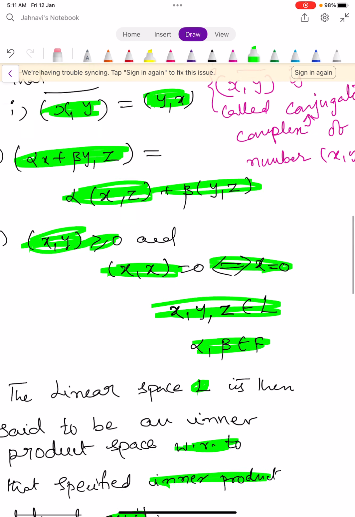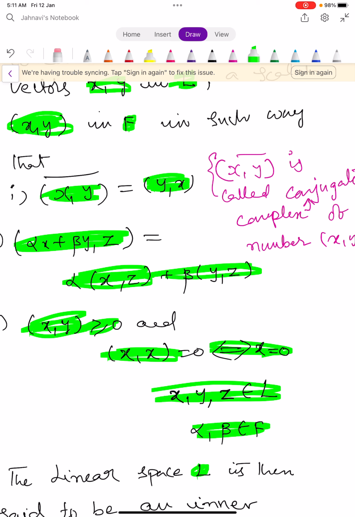That's it. Now we learn something about these three conditions.